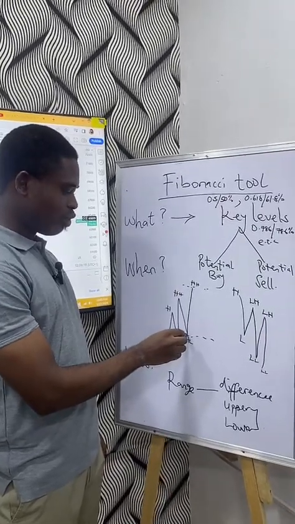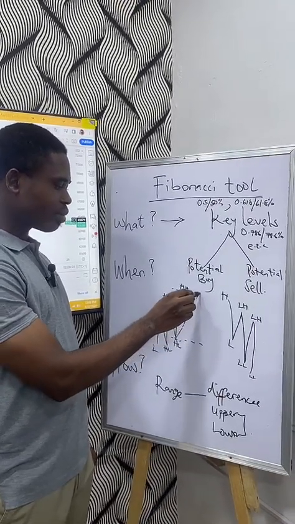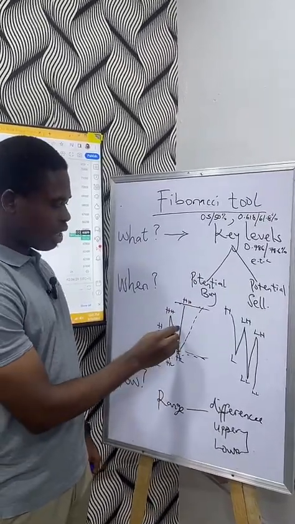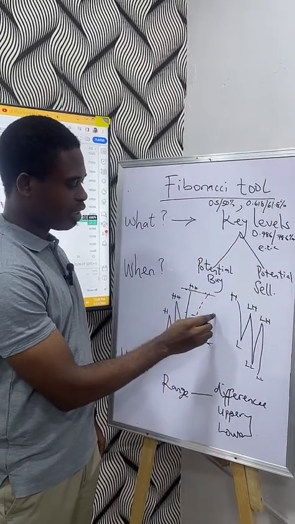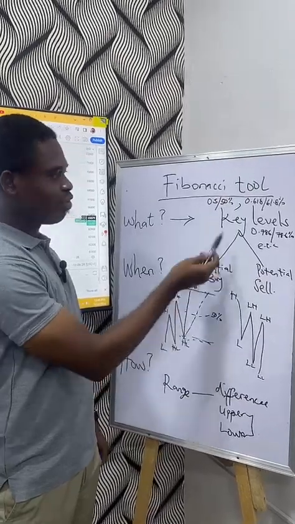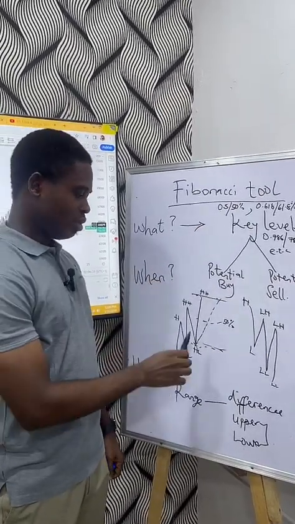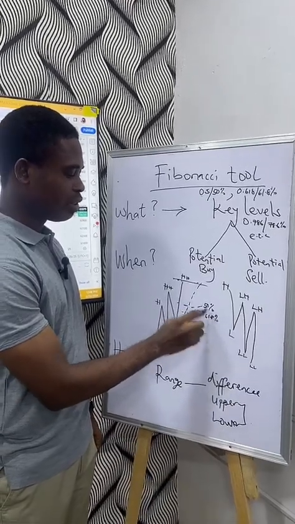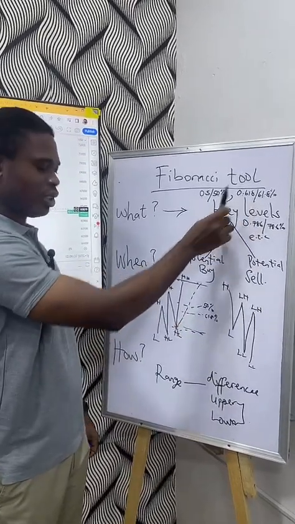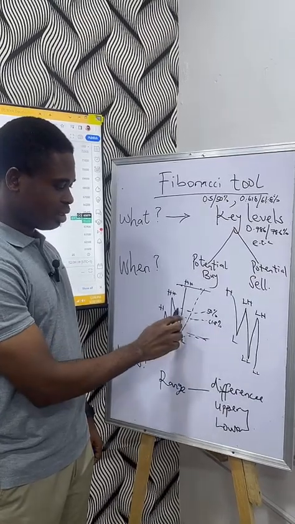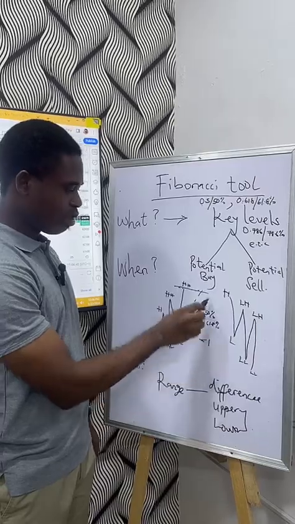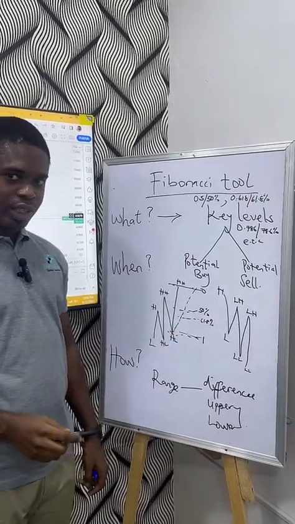Okay, so you draw it from left to right. Somewhere here will be the 50% level, or 0.5. Somewhere here will be the 61.8% level, or 0.618, and so on. We have 1 here, we have 0 here.